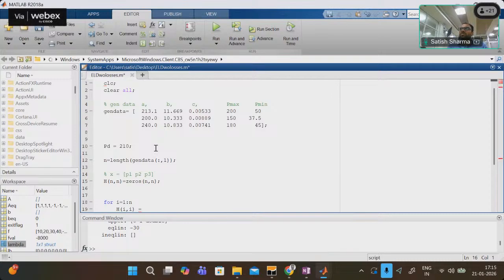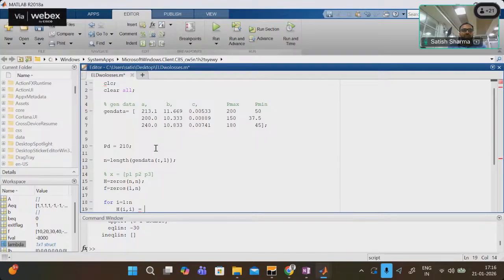Okay, that has been defined. F will be a vector 1 comma n, again defined first as zeros, 1 comma n. So h and f have been defined.